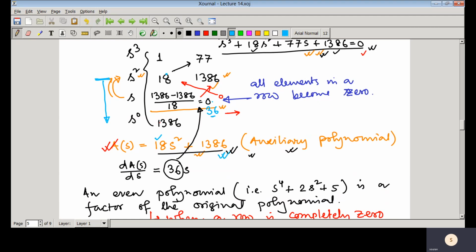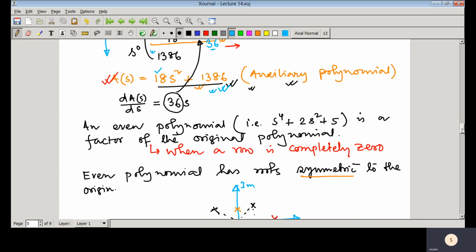So now just try to understand this particular fact, that from this term to this term there is no change of sign, and when there is no change of sign, that means for this particular auxiliary polynomial, which is an even polynomial, it does not have any root on the right half of the S-plane.